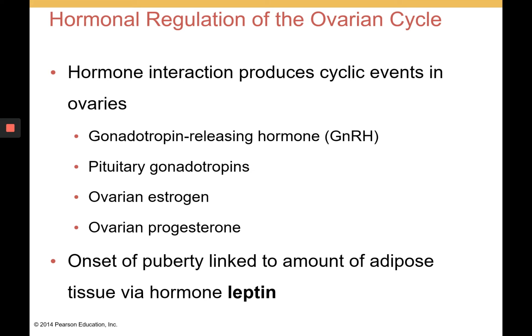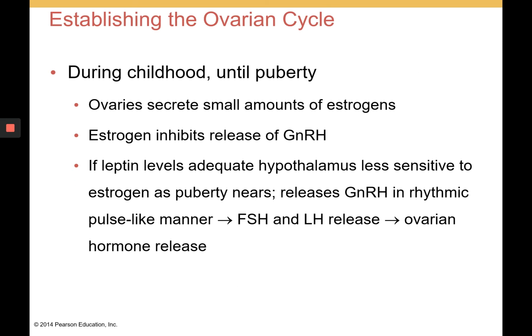And the onset of puberty is highly linked in females to the amount of adipose tissue, via their ability to produce the hormone leptin. So during childhood until puberty, the ovaries are secreting small amounts of estrogen. We saw that was inhibiting the release of gonadotropin-releasing hormone.